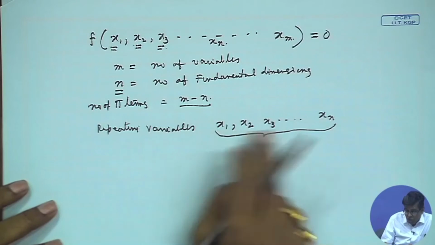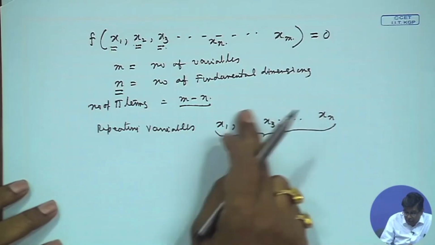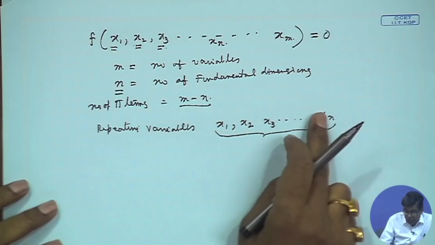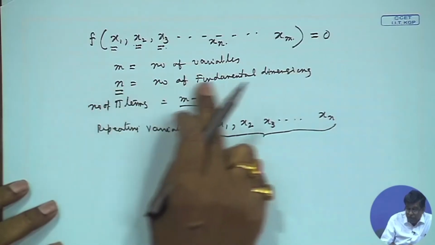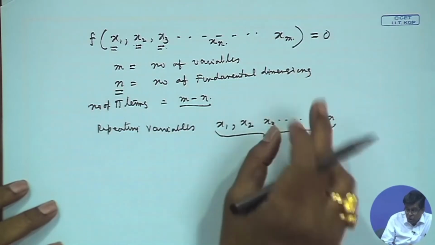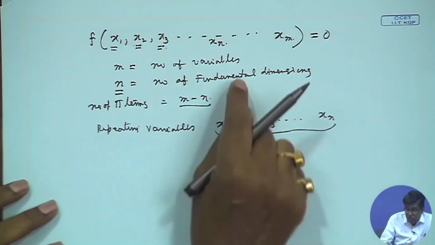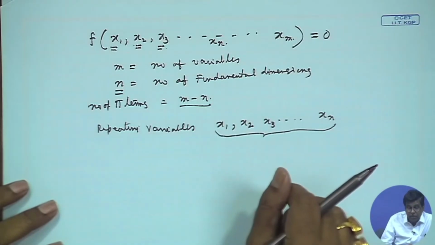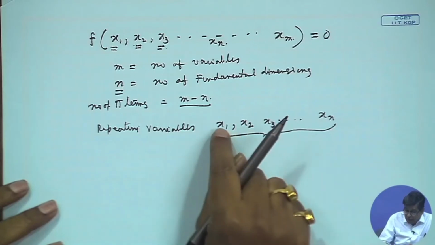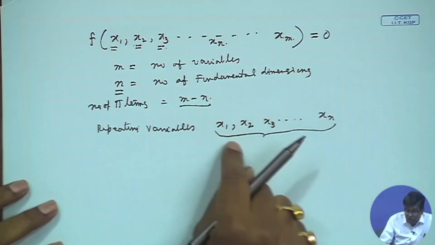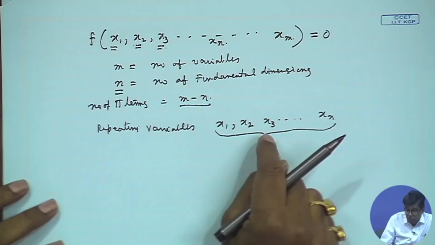Number two caution is that all the variables chosen taken together must have all the fundamental dimensions. We should not choose the variables in such a way that one of the fundamental dimensions is missing from all of them. That means inclusive of all variables, all the fundamental dimensions should be there.